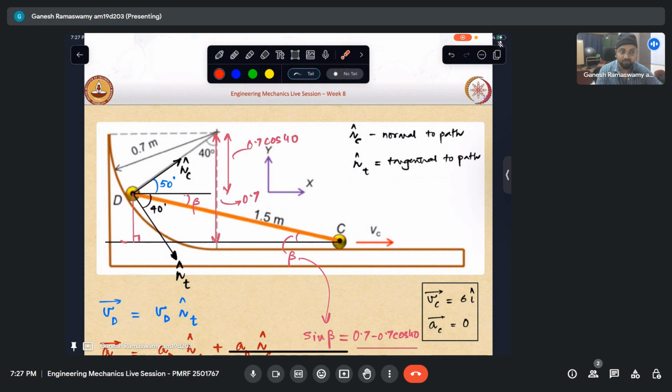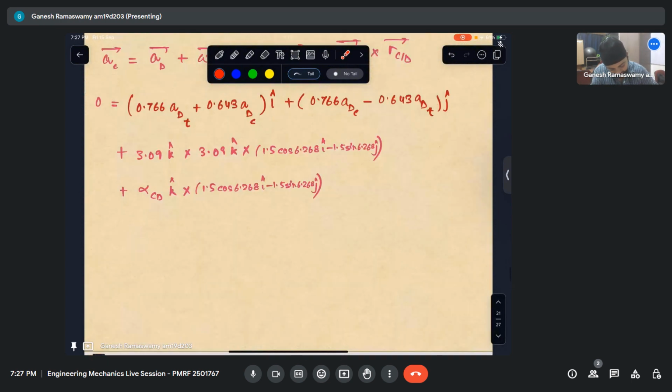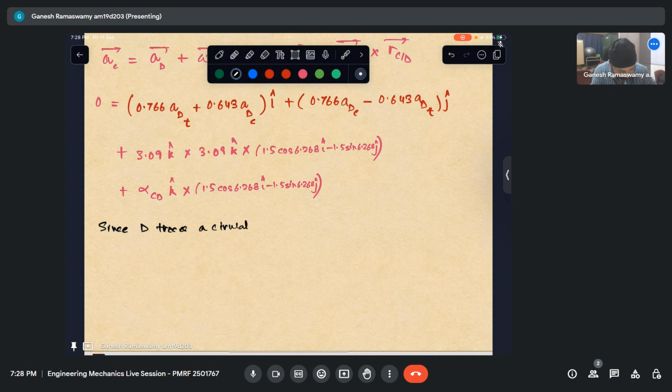So from here, since D traces a circular path, I have the centripetal acceleration, or let me write it as ADC, which is nothing but VD squared by R. Now this R is the radius of that path.